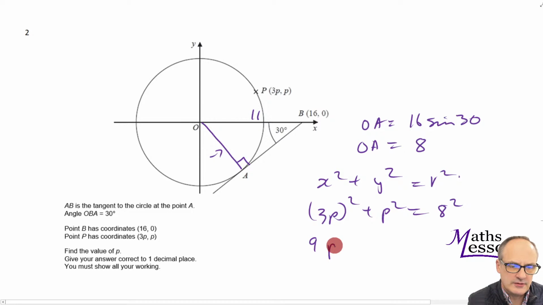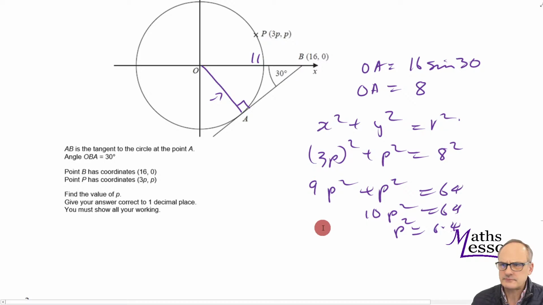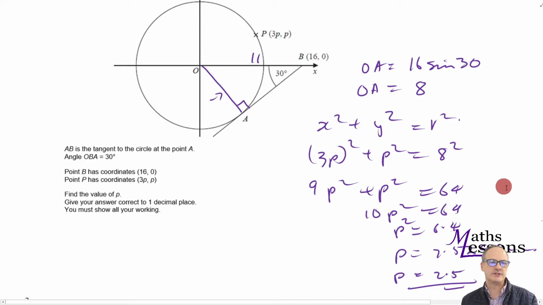That gives us 9p squared plus p squared equals 64, so 10p squared equals 64, p squared equals 6.4, and you put that into a calculator and you get an answer of p equal to 2.5298, and so on. But it says to one decimal place, so p is equal to 2.5 to one decimal place. No units given, so no unit in my answer.